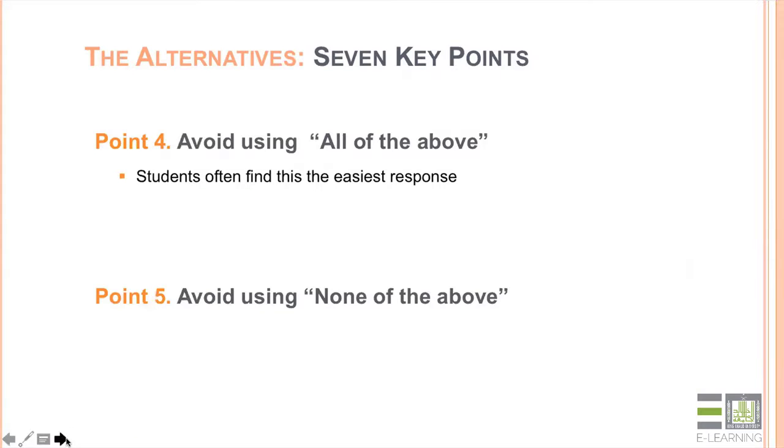I'll repeat that again. So if the students see all of the above, they either see or know that 2 of the options within the list of alternatives are correct, so that they know that most likely the answer is going to be all of the above. Or if they know that one of the alternatives is incorrect, then they know that the answer cannot be all of the above.